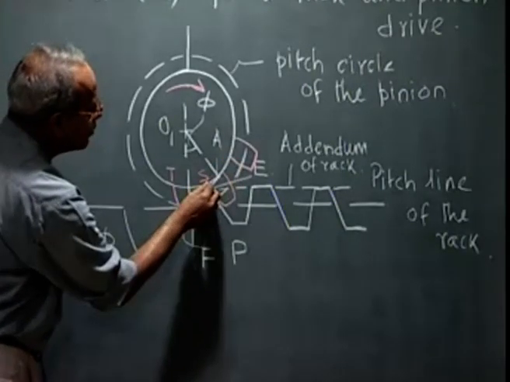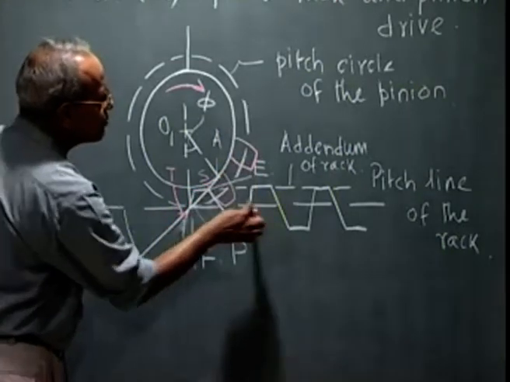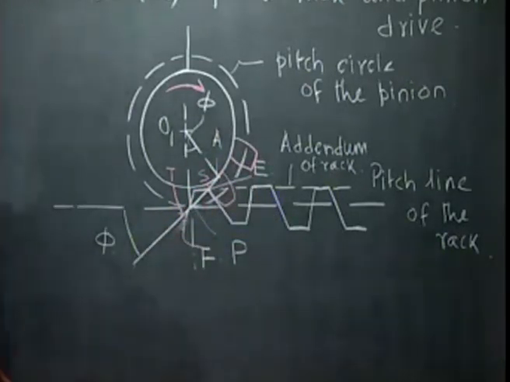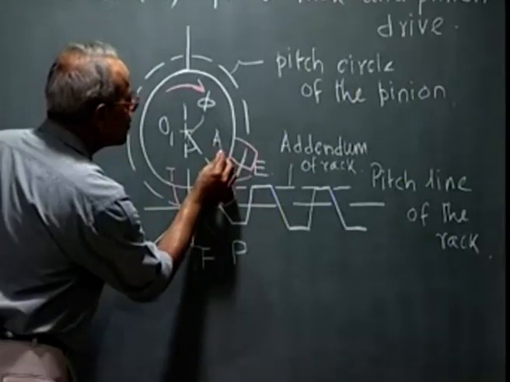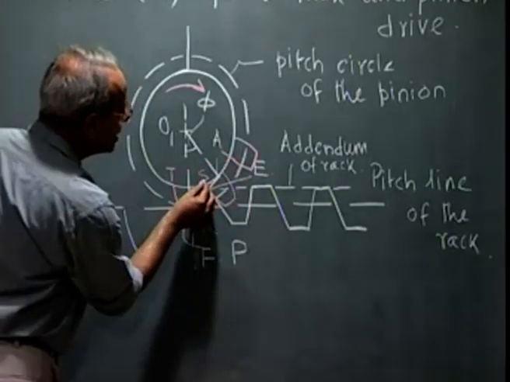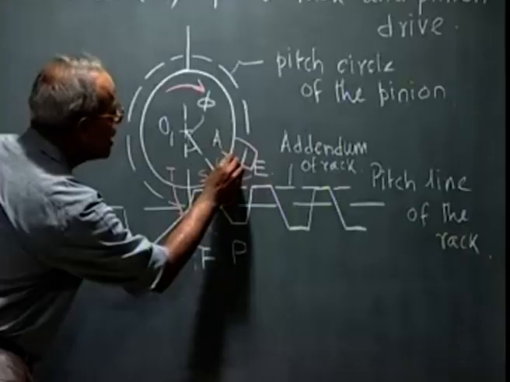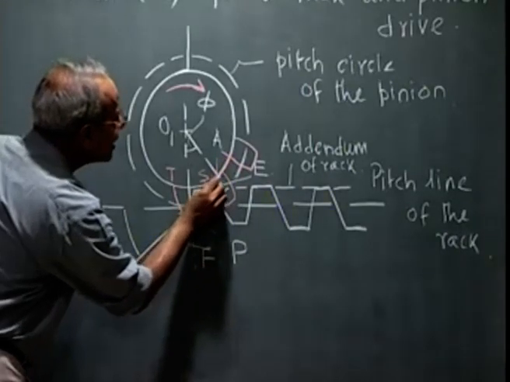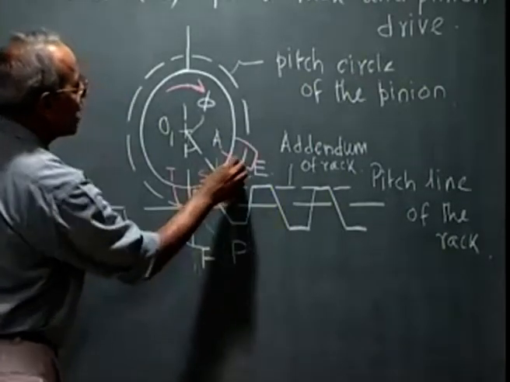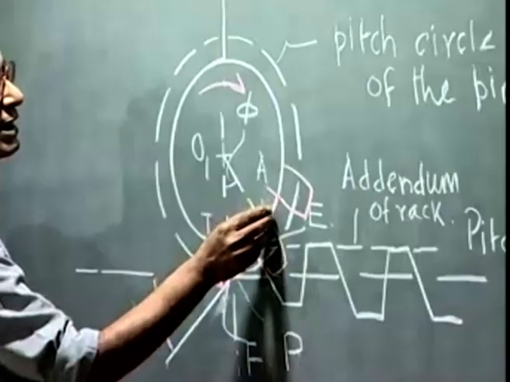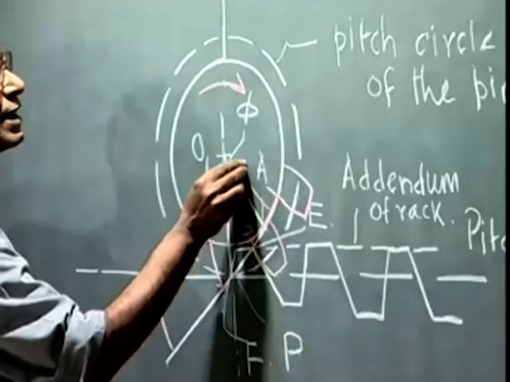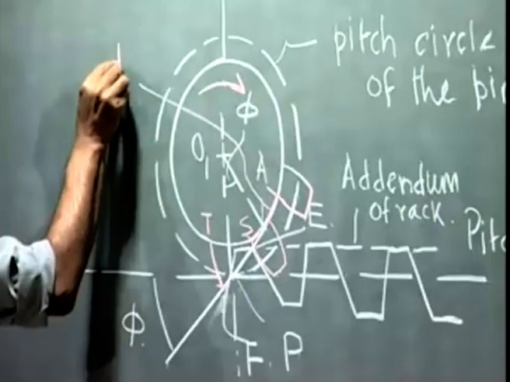This point must move beyond S such that this tooth comes in contact with the next tooth. And the distance between these two points on the adjacent tooth along the base circle, that is what we denoted as base pitch or PB.